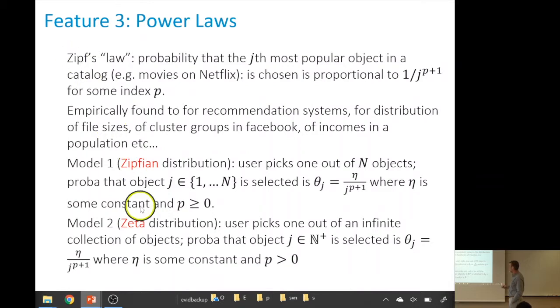Now, classical terminology, Zipf and zeta. So the Zipf law, it's not a distribution, it's an observation, based on an empirical statement that says that if we have a collection of objects that we sort by popularity, that's what Netflix does, for example, or iTunes, or any system that has a large number of customers, then we don't find at all Gaussian distributions for the popularities or exponential distributions, but usually we find that the jth more popular object has a popularity, that can be captured by a model that uses the probability that it is chosen by a random user or by a random click, proportional to 1 over the rank to some power p.